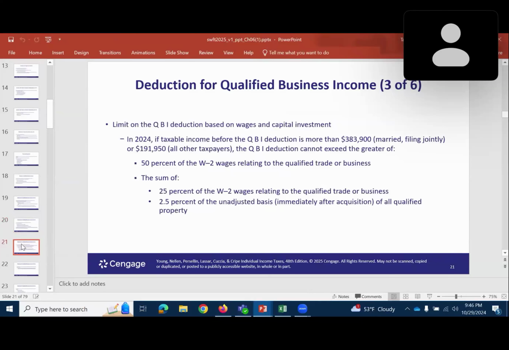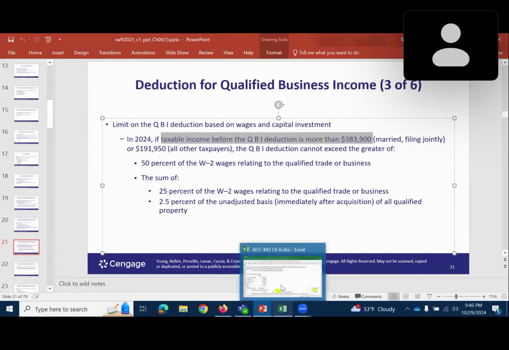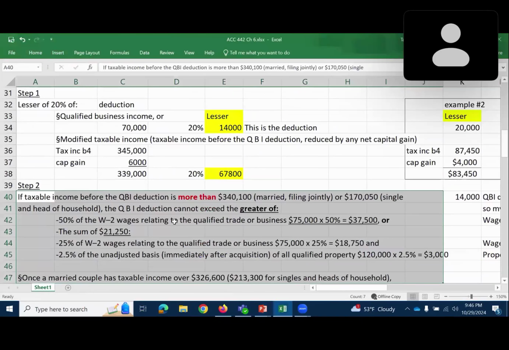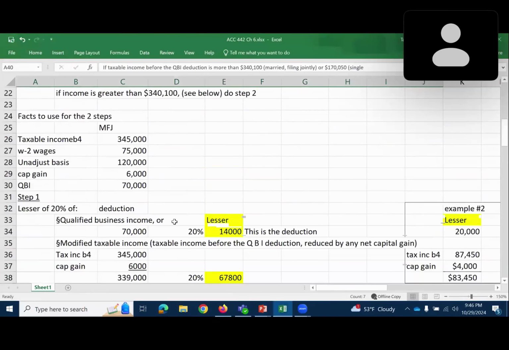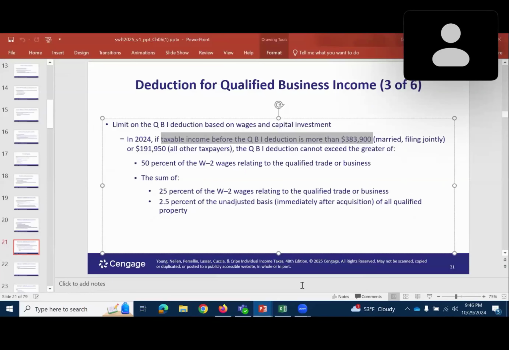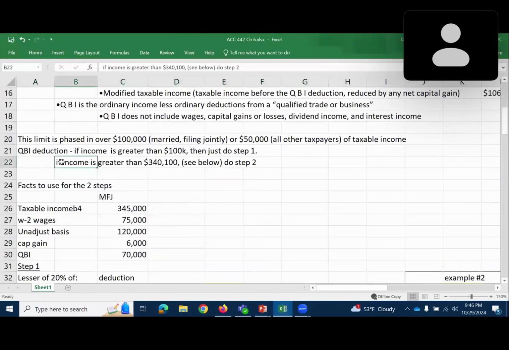So now the next part, the limit. If your taxable income is more than $383,900, or $191,950 if you're single. The numbers changed here, right?